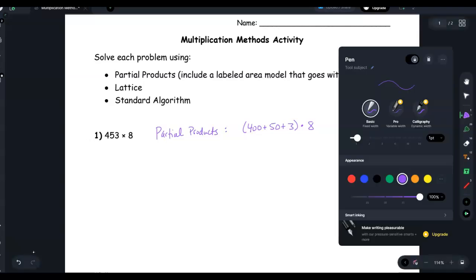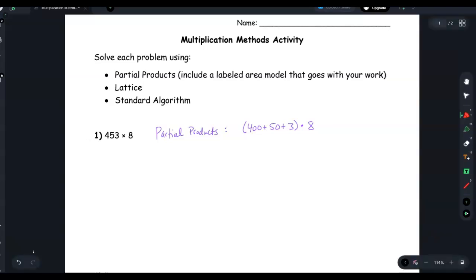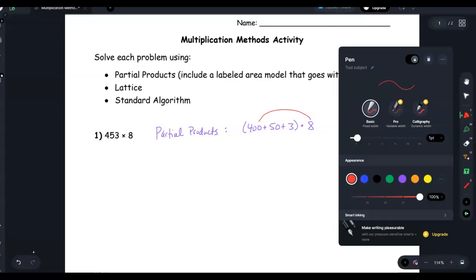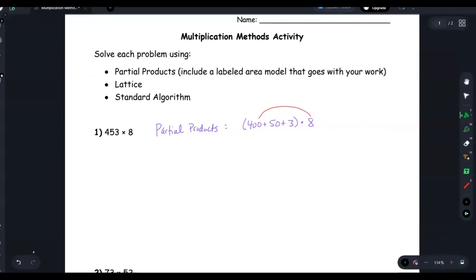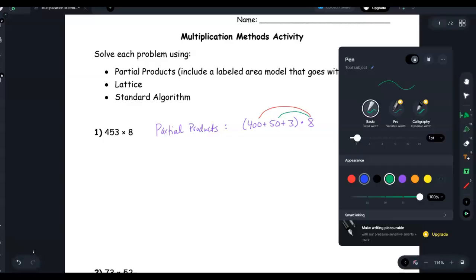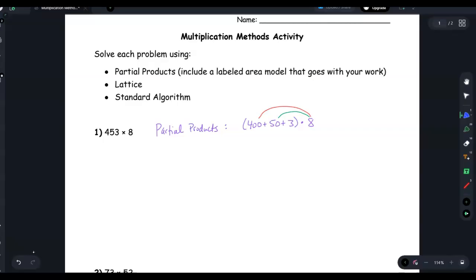So my work here, I'm going to distribute the 8 times the 400, and then the 8 times 50, and then finally the 8 times the 3.